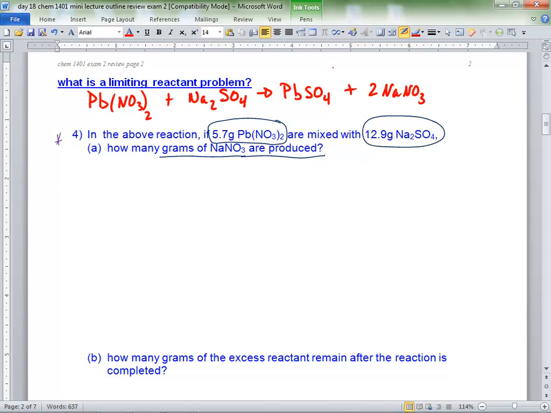Yeah, so start with the two reactants, right? Because these guys are both reactants, the lead nitrate and the sodium sulfate. Convert them both to grams of NaNO3. And which one's your right answer? Smallest one. Try it. Convert each of those amounts to the product.